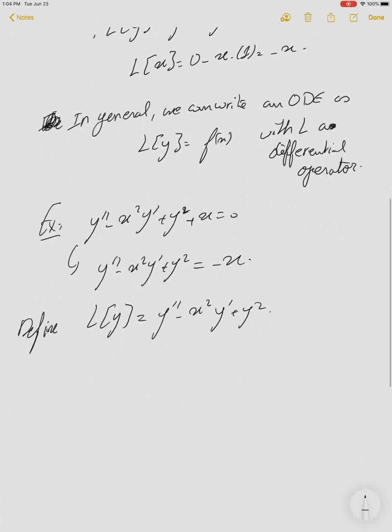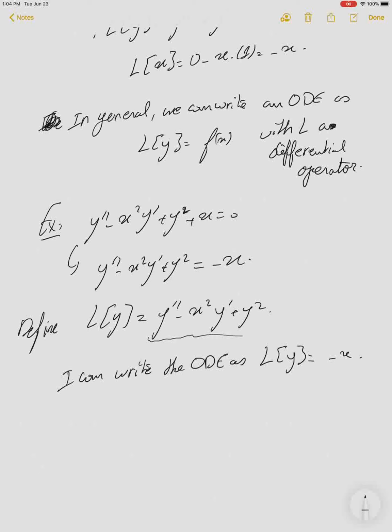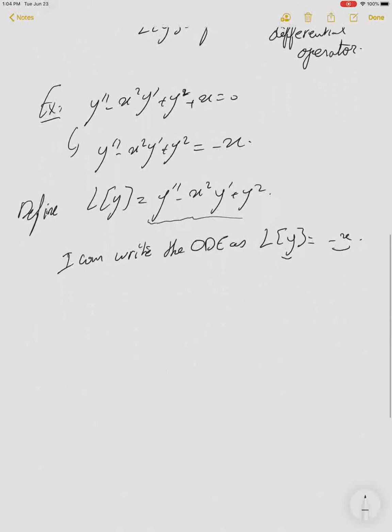So this is a map that takes a function y and gives me the function y second minus x squared y prime plus y squared. I can write the ODE as L of y equal minus x, which means find the function y whose image is minus x. This function is the solution to the ODE.